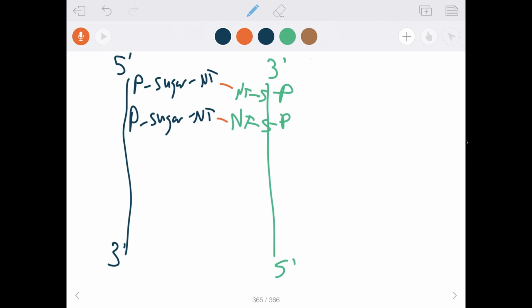So you can see by flipping the directionality of one of these strands, the nucleotides will face each other. And now DNA is happy because the nucleotides are interacting. Okay. This is referred to as anti-parallel. Strands are in opposite directions of one another, which is very important. And it's going to be important when we talk about replication as well as transcription and translation, because directionality is important to certain enzymes.